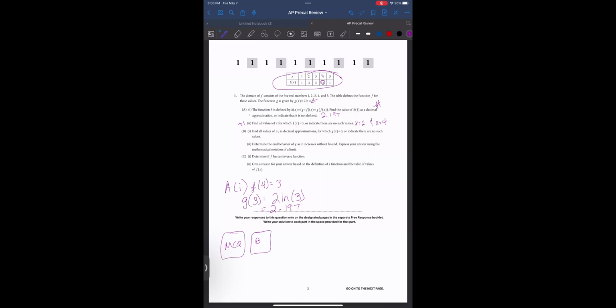That goes hand in hand, right? Then you have the orange booklet, and then you have your FRQ answer booklet.